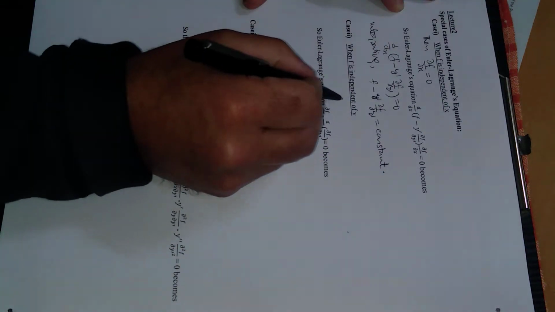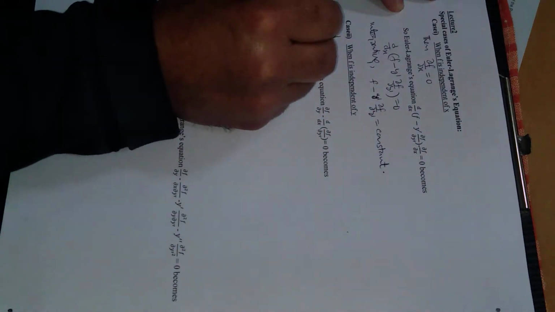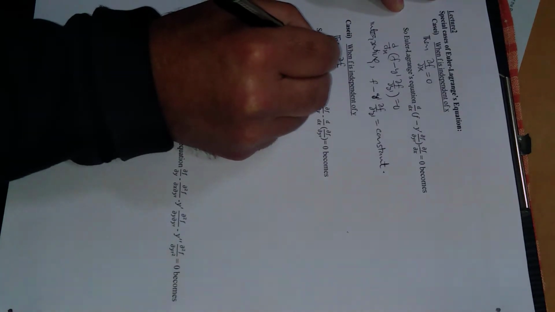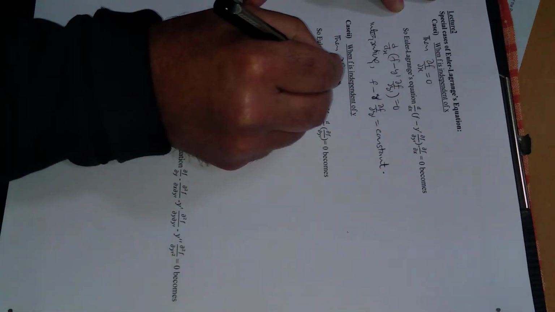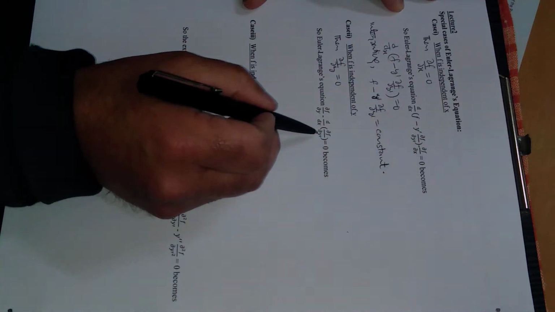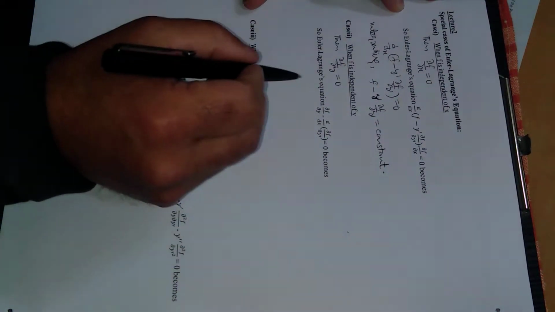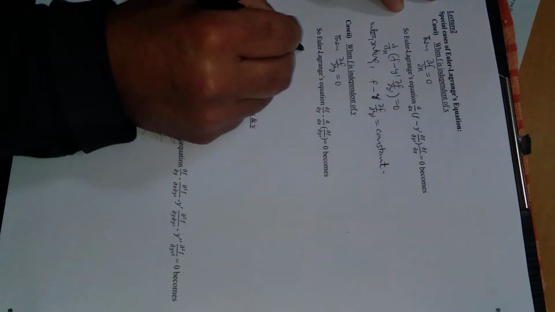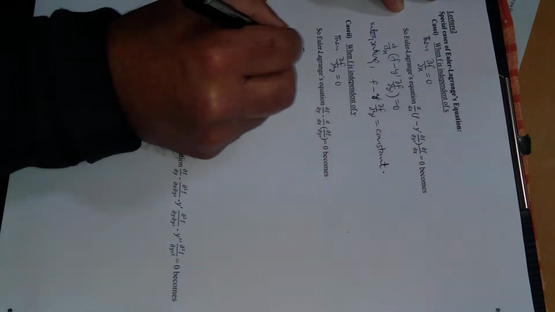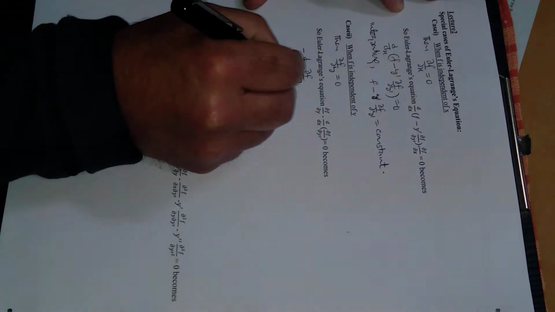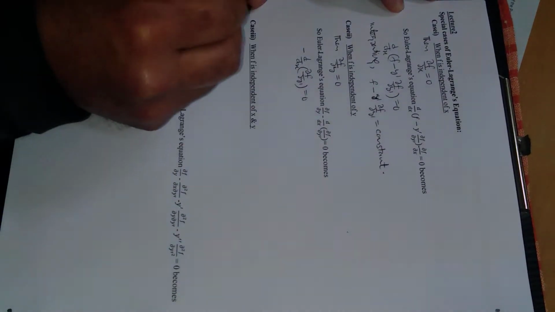Case 2: when f is independent of y, the partial derivative of f with respect to y will be equal to 0. So in the usual Euler-Lagrange equation, this factor is 0, and we get minus the derivative with respect to x of the partial derivative of f with respect to y dash equal to 0.